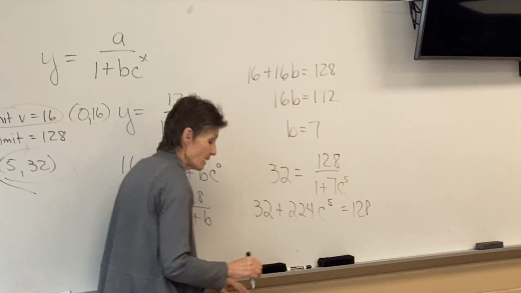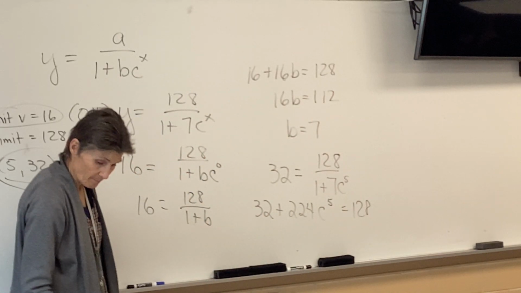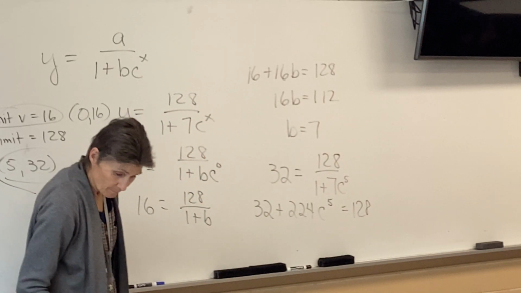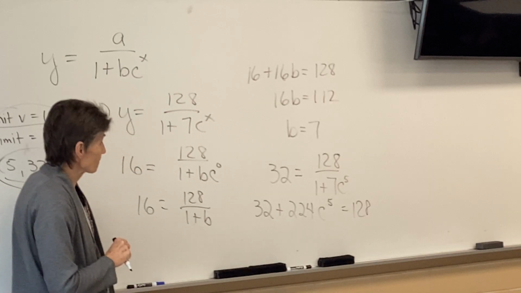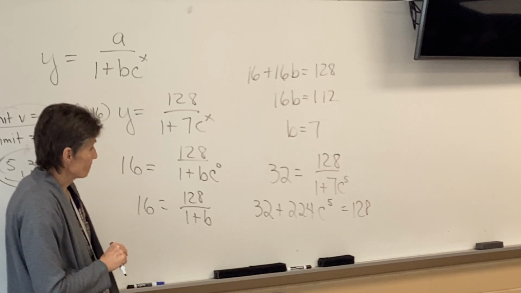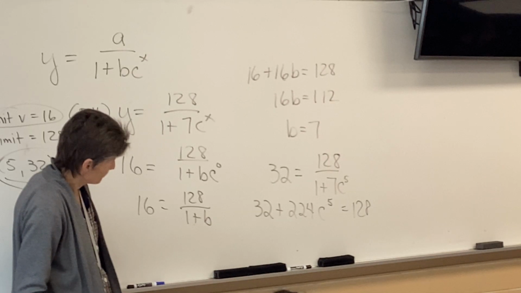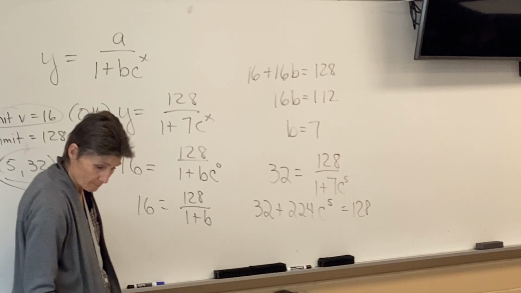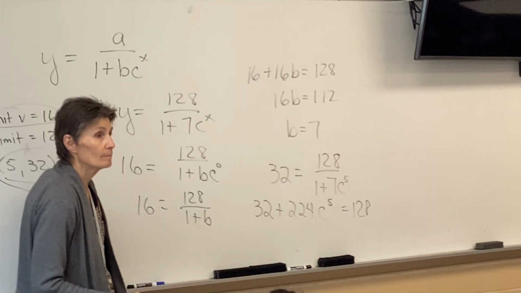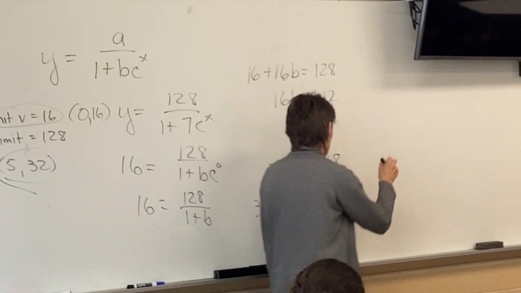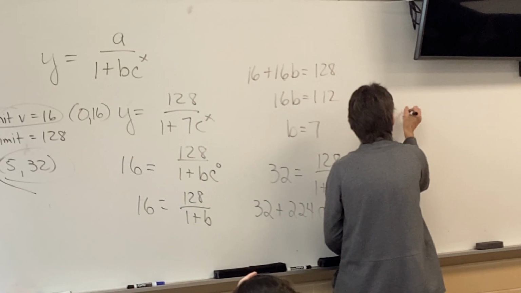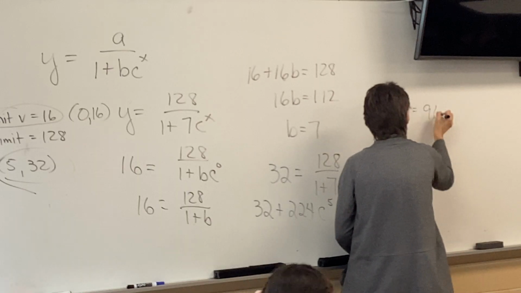We check that on my calculator. 32 times 7. Yep. Now what? So 224C to the 5th equals 96.